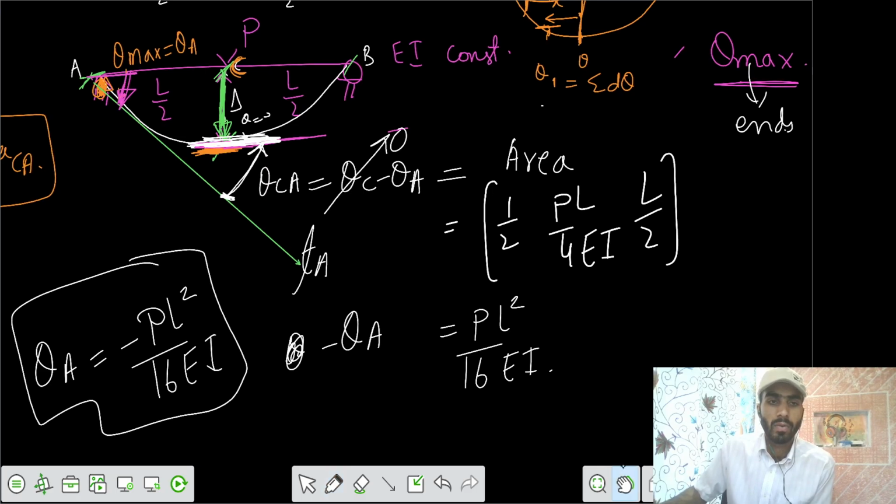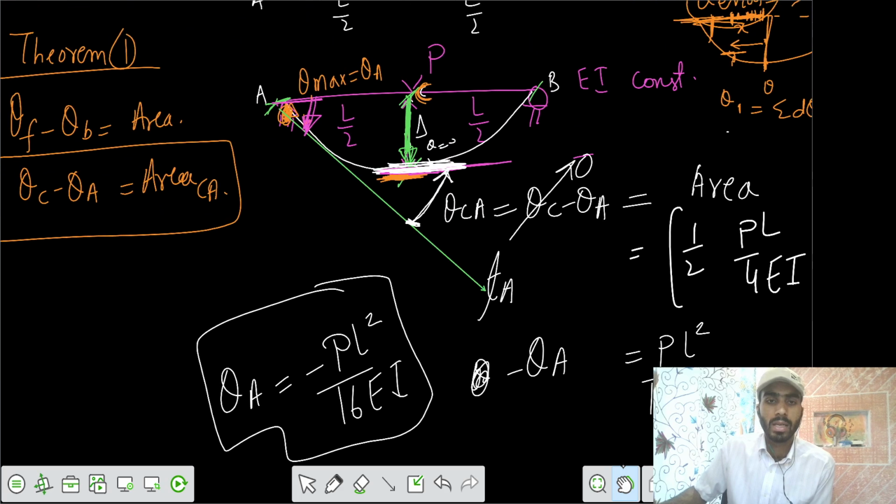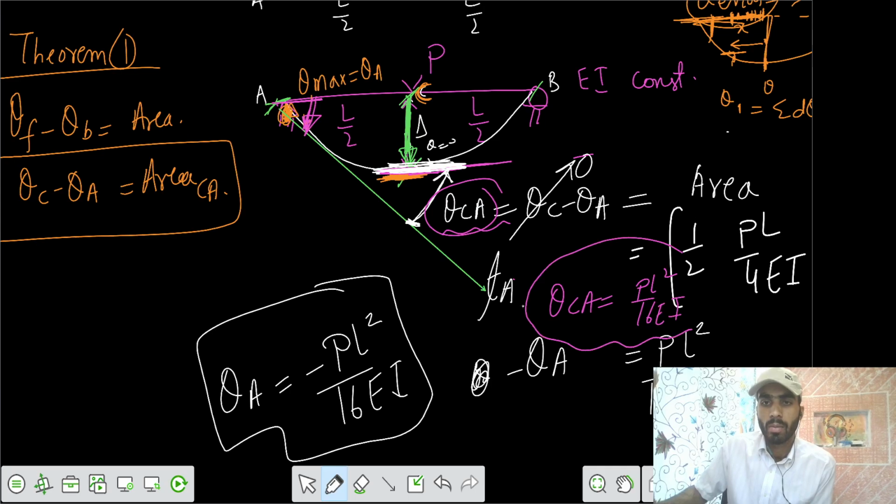See, we got a minus. What does this mean? Can we say that theta CA was positive, equal to PL square by 16 EI? But how is theta CA represented?